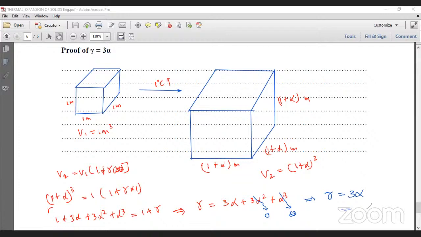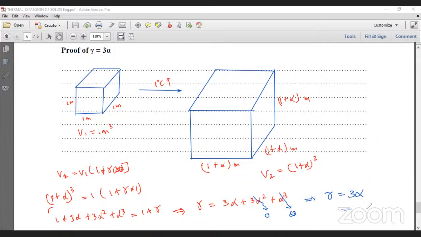So that's the way. Then you know that beta equals 2 alpha and gamma equals 3 alpha. These are the expansions of solids. In three dimensions we discussed all the cases: all materials expand in all directions when heated.